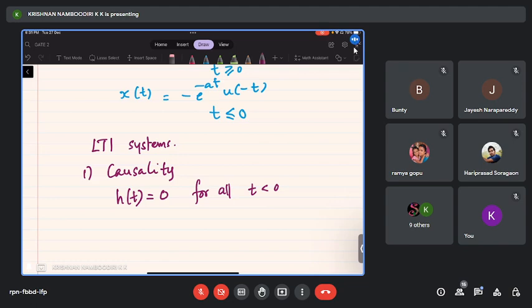Non-causal means h of t can have non-zero values even when t is less than 0. Now, suppose a system is a causal system, then can h of t be a left-sided signal?